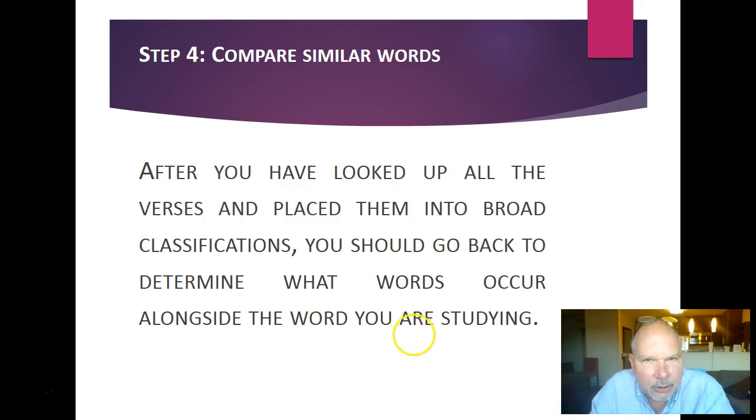Step 4, compare similar words. Now that we have done a fairly good analysis and understand how this word is used, we now want to look at our original passage and see if there are any other words that we might need to explore in order to truly understand what God is trying to communicate.